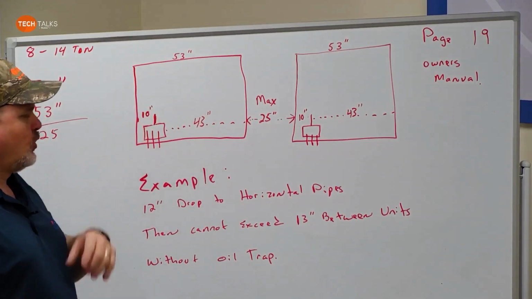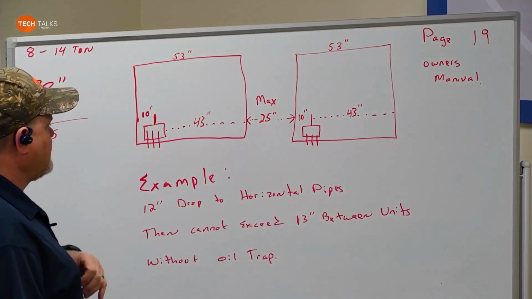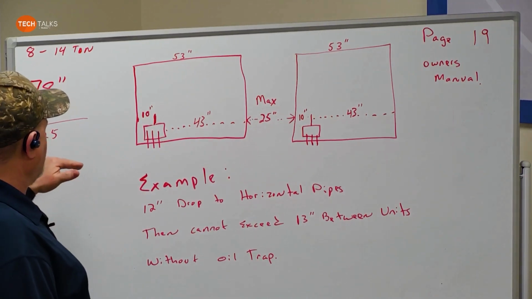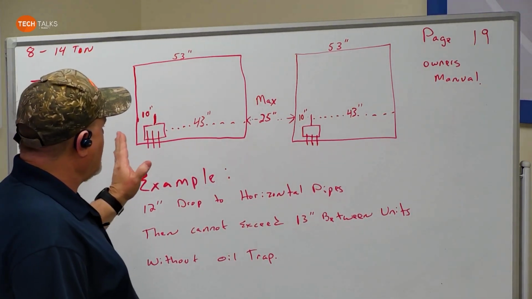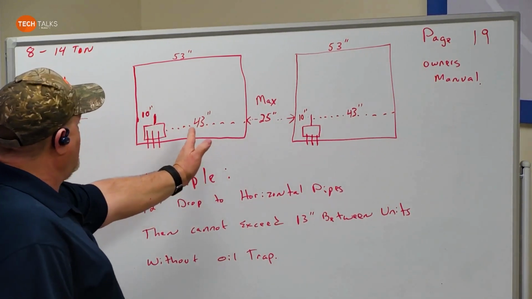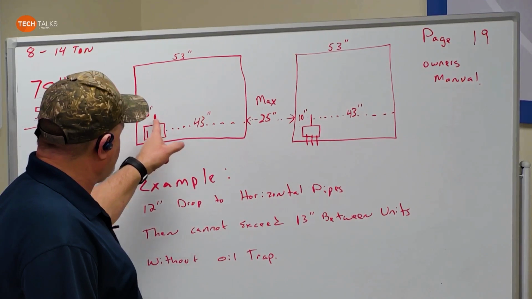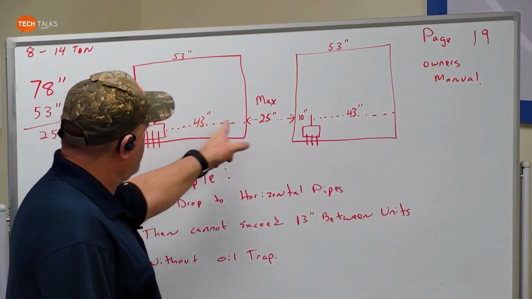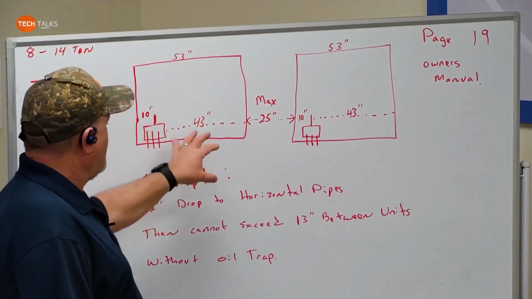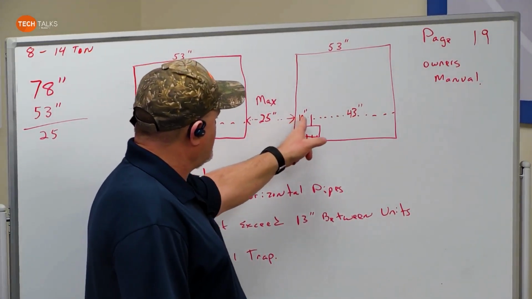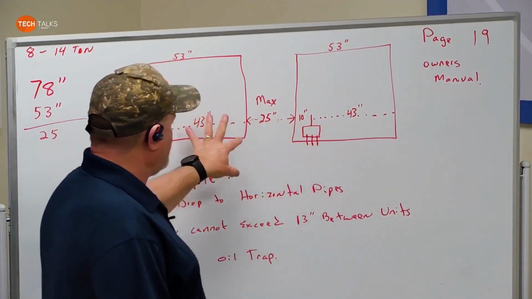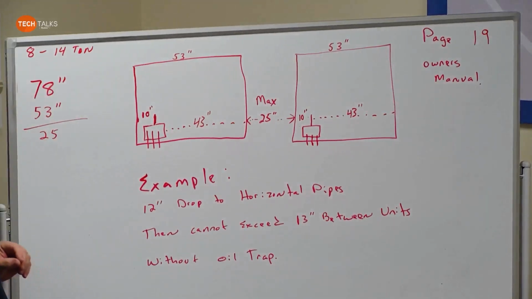So this rule that we're talking about, if you do the dimensions, because of our distance of 43 and the 10 inches here, you got 43 inches from roughly the center here to the end of the unit. Then from the end of the unit to about the center of the pipe is about 10 inches. So that's our 53 inches, okay?